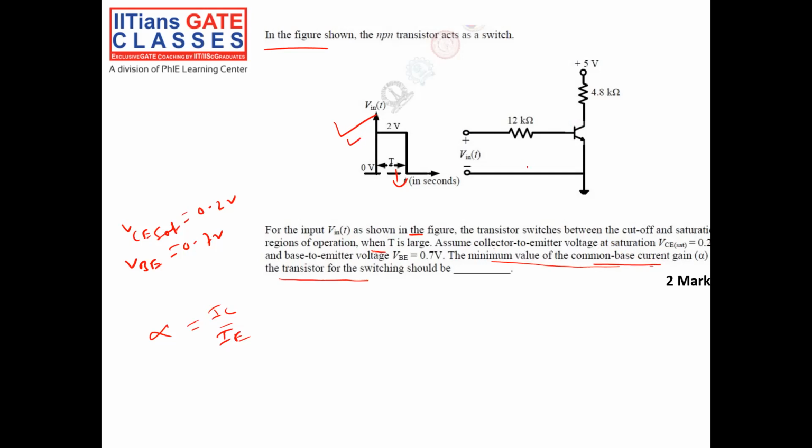Okay, so for this, let me explain very briefly what saturation is.